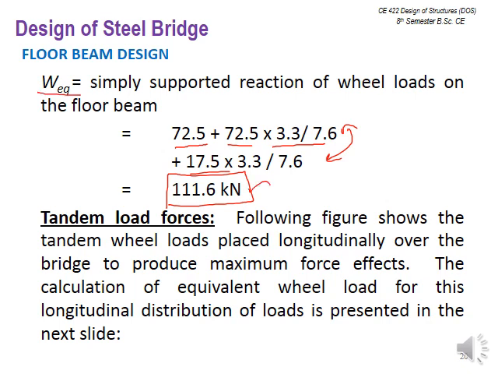This is the simply supported reaction of the wheel load on the floor beam, and you can calculate it by using the maximum moment effect, by using the ILDs, influence line diagrams, for the maximum moment. So this W equivalent will be the equivalent load that you have to keep with you to be considered and applied in the lateral direction for the lateral distribution of the live load. So for the tandem load you have to do the same thing.